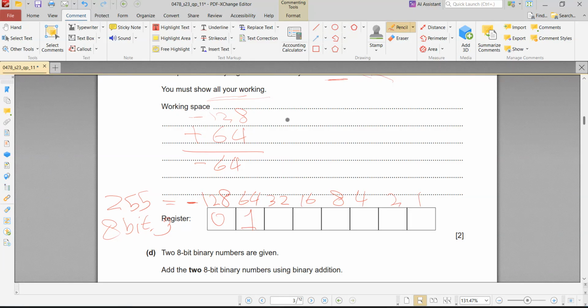So let's see if I add negative 64 to 32. Adding those together, it gives me negative 96. Negative 96 is too far from the number, so I'm going to add the negative 96 to the 16, and it gives me minus 80.